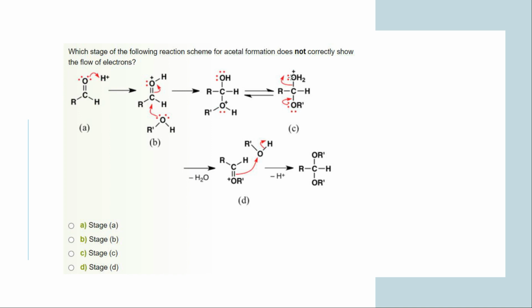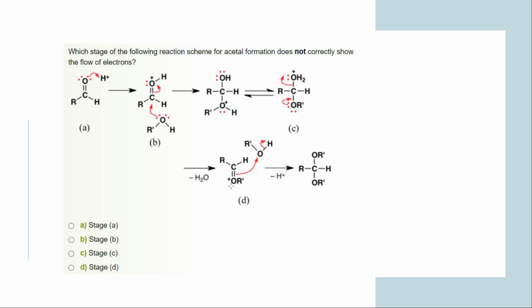Again, here also you are seeing electron movement from this electron rich species towards this electron deficient one. So yes, this is also following the rules of arrow pushing, and in the subsequent step this water molecule will get eliminated, and you arrive at this third oxonium species.